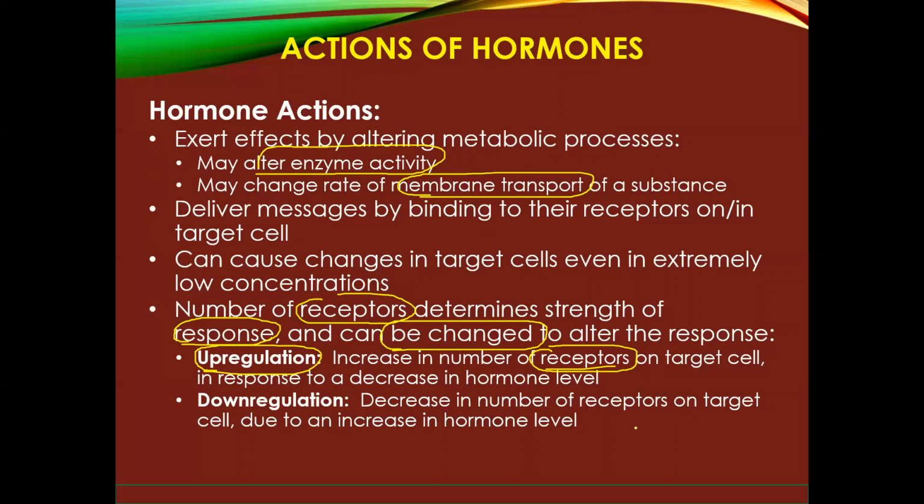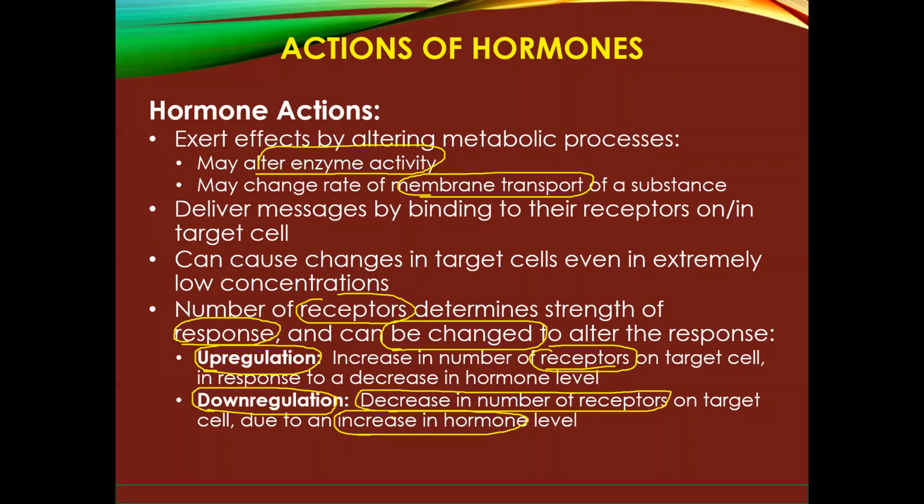If the hormones produced are so many, so the hormone level increases, then the target cell will produce fewer receptors. So the number of receptors will decrease. And this is what we call downregulation.